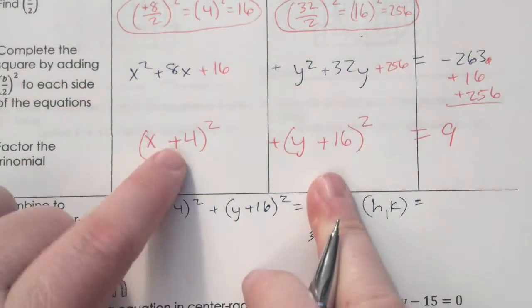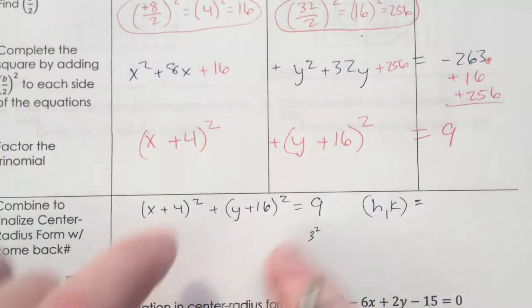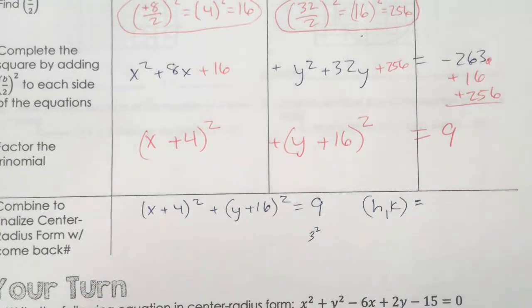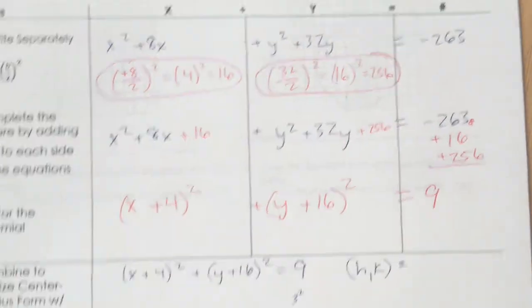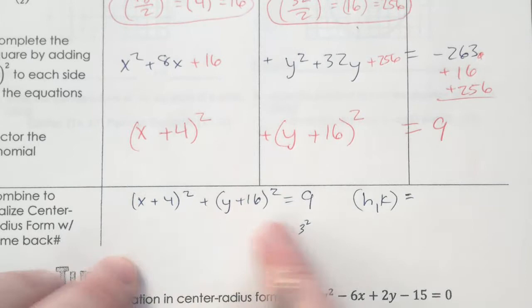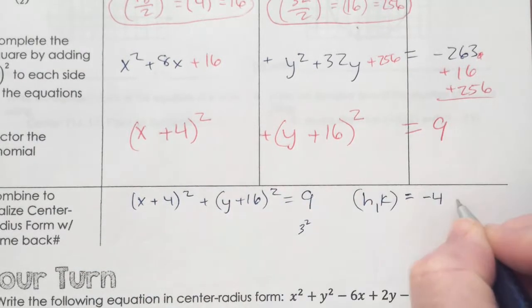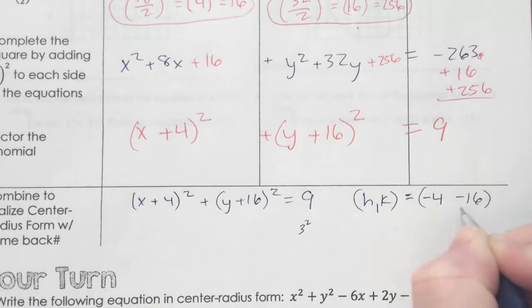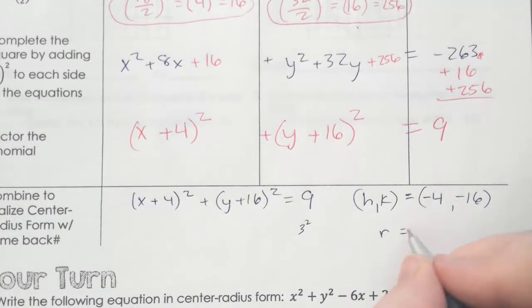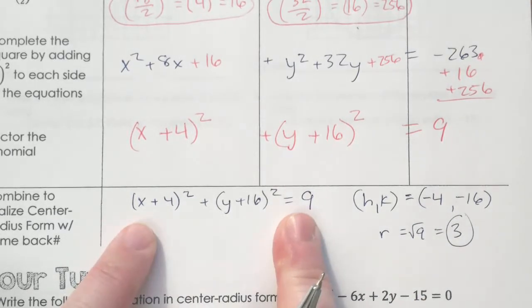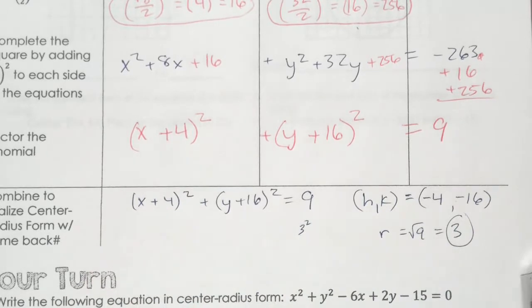While we were doing this in the parentheses, you do exactly the same, but when we plug it into the equation as HK, that's when you flip it. This wasn't an HK earlier. Now it is. What do we get? A negative 4 and a negative 16. And then what was your R? It would be the square root of 9, which in this case is 3. So there's our equation, and there's our HK.